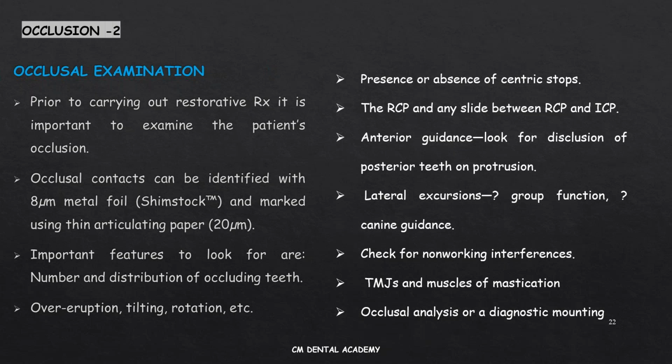Over-eruption, rotations and tilting of the teeth have to be recorded. Presence or absence of centric stops, the RCP, and any slide between the retruded contact position and the intercuspal position have to be recorded.